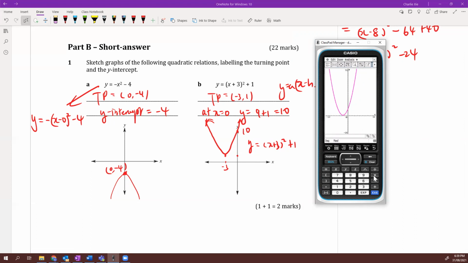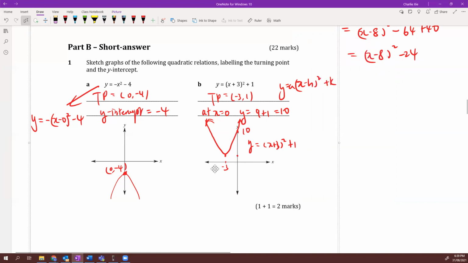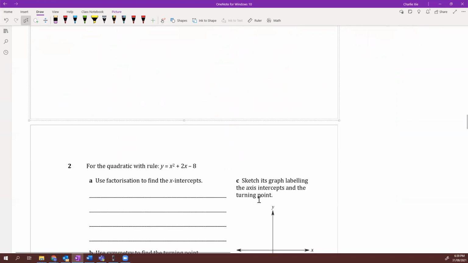Okay, let me do it again. Make it larger. All right. You could just read it from here, but to make sure you get the exact right answer, you could click on minimum again, negative 3, 1. Okay. All right. That's how you get this graph by using the calculator and by hand.